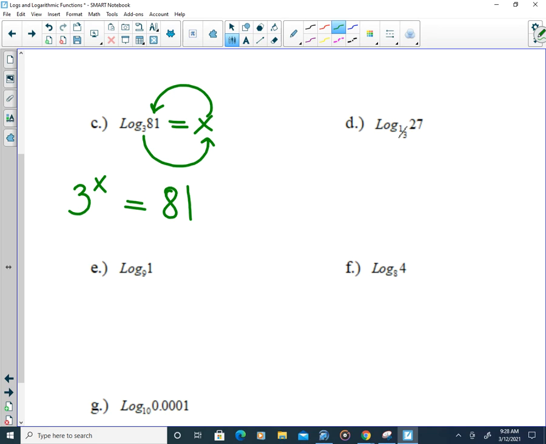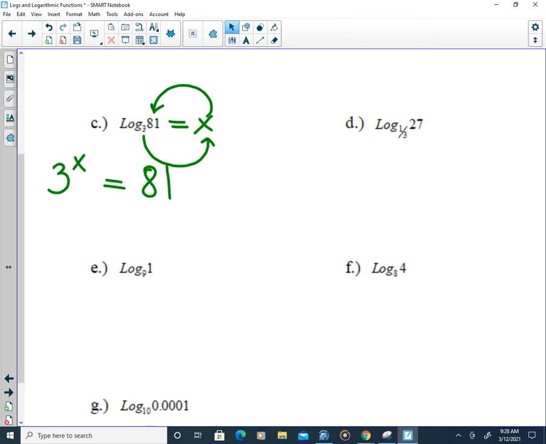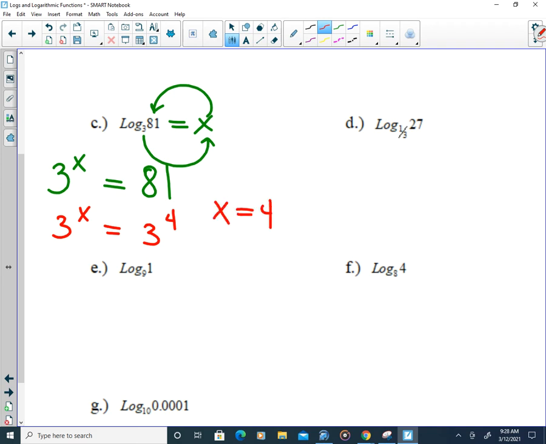Since my variable is up in my exponent, I'm going to rewrite both sides as a power with base 3. So 81 is 3 to the 4th power. What does x equal? X equals 4. So log base 3 of 81 is 4.